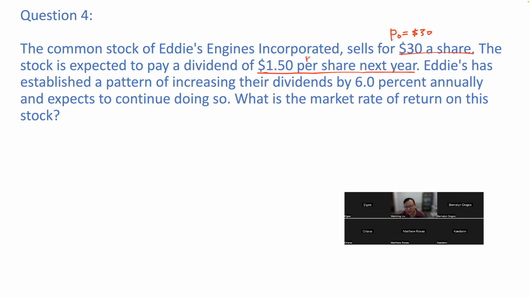Right away, this tells me this is D1. D1 is 1.5 because it's next year. Addis has established a pattern of increasing the dividend by 6% annually. So this tells me the G is 6%.